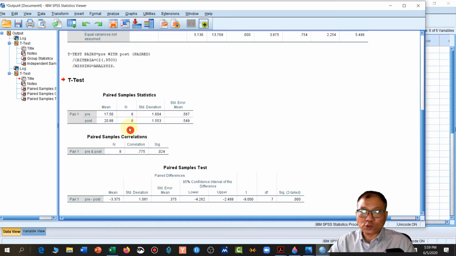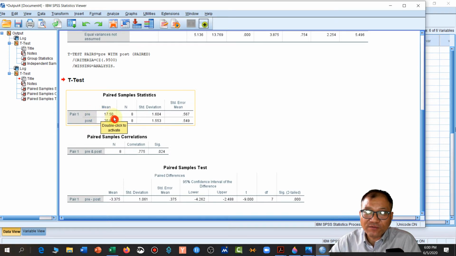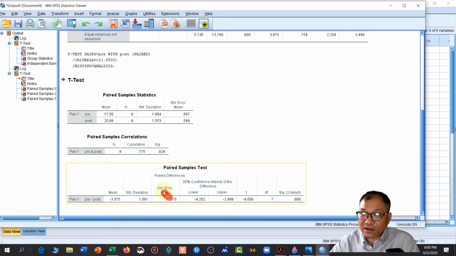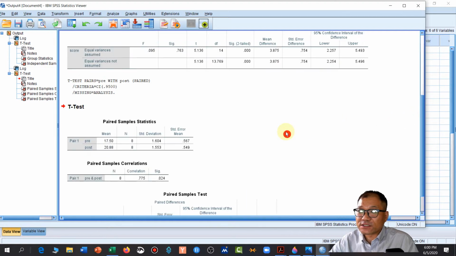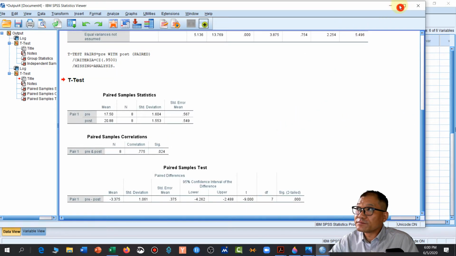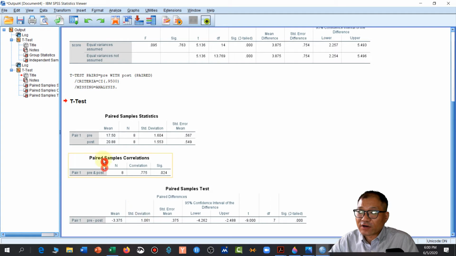So the first variable that you want to measure is pre-test. And the second variable is post-test, right? So that is your raw data from the table. So now you are ready. Just click OK, and you will see very similar results, outcomes that you did with the first case.